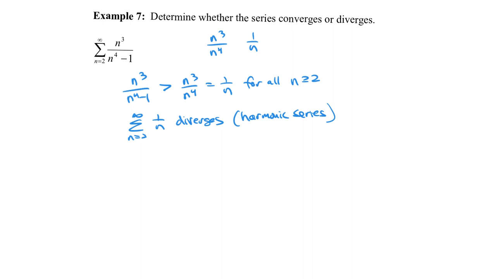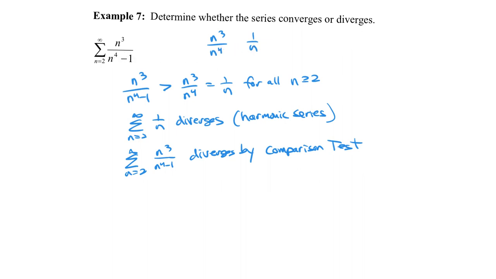So we could just say the sum from n equals 2 to infinity of n cubed over n to the fourth minus 1 diverges by direct comparison test. You could use a limit comparison test too, but it's quicker just to do it this way. So this is just some scratch work, just thinking what this probably acts like long term.